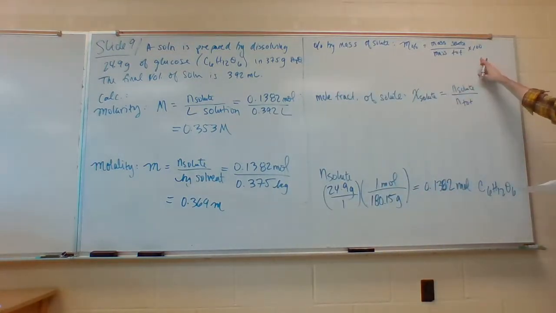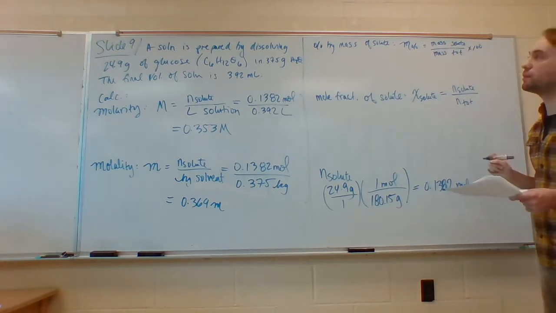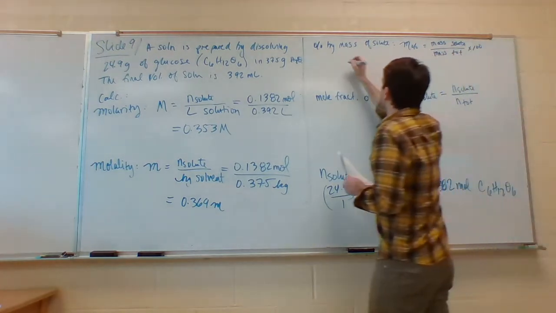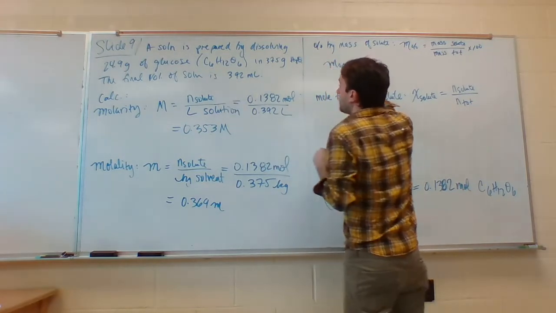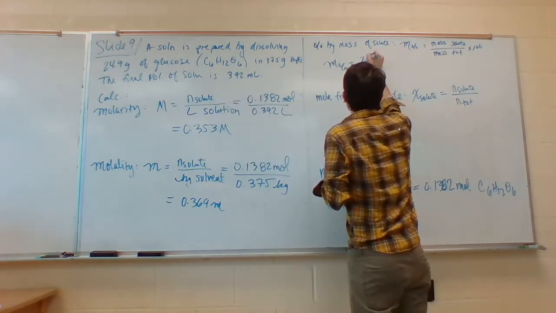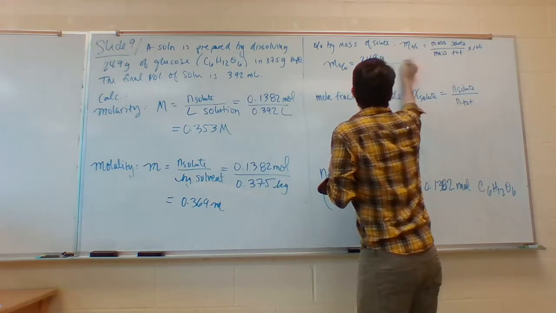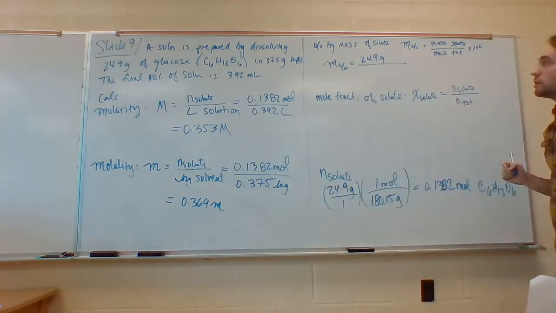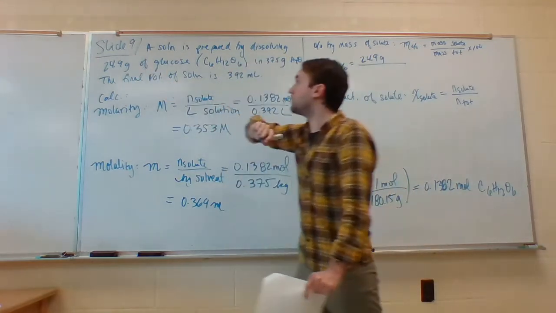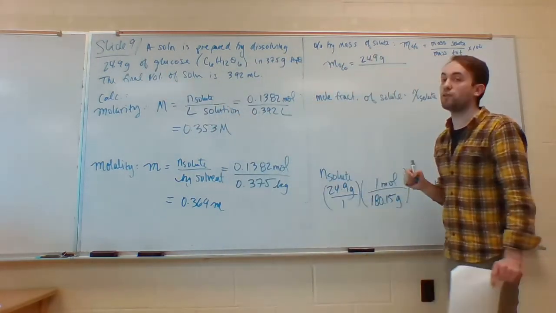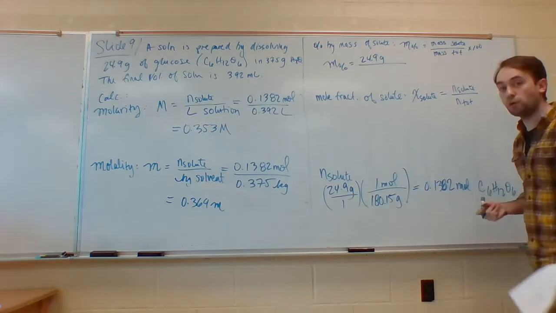All right, the next thing that I want to calculate is my percent by mass of the solute. Do I have the mass of the solute? I do. The mass of my solute is 24.9 grams, and then I need my mass total. That means that I need to add my grams of the glucose and my grams of the water to get my total mass.